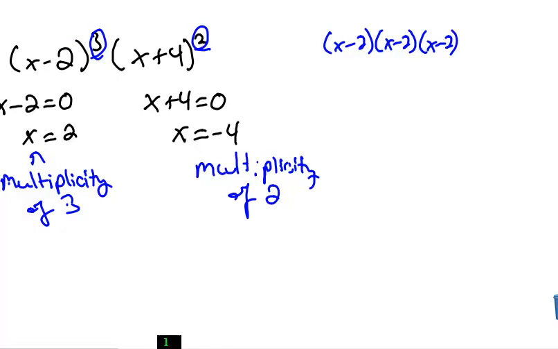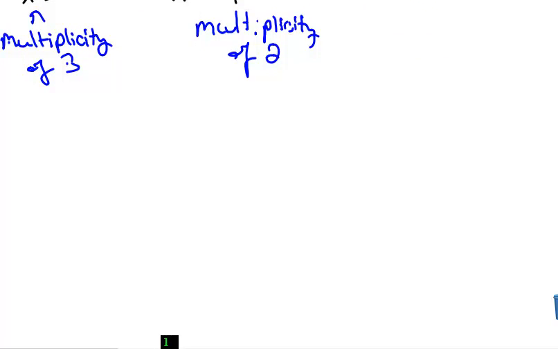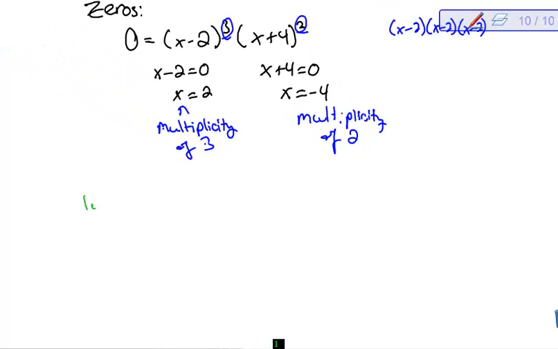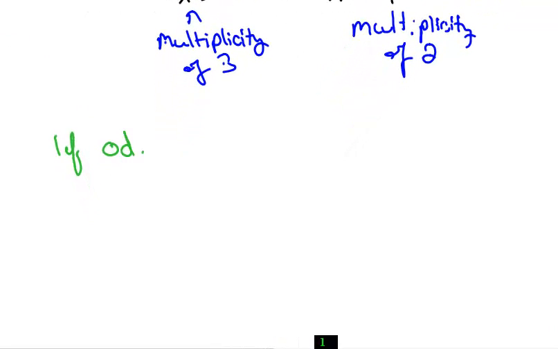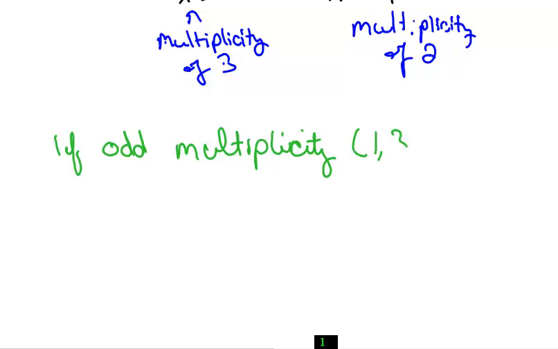Okay? And it's very important that we know these things, because if we have an odd multiplicity, which means it occurs 1 time, 3 times, 5 times, and so forth, on the graph, it is going to go through our point.